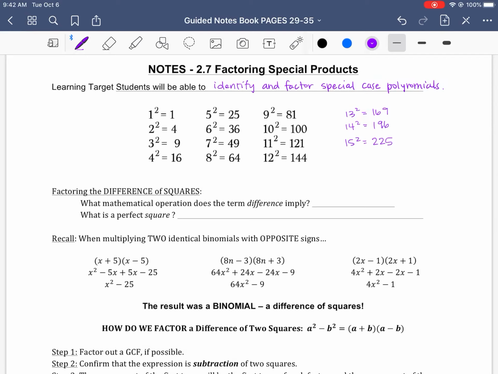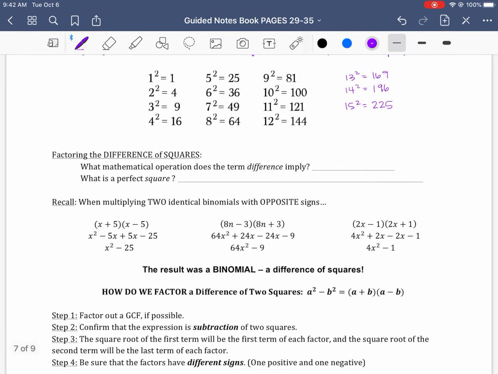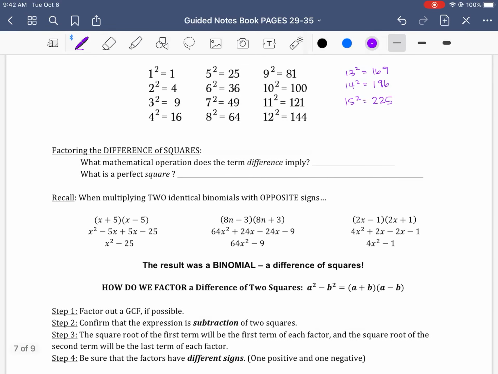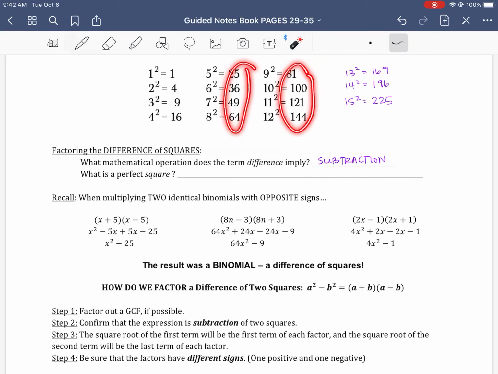So today, first of all, is factoring a difference of squares. What mathematical operation does the term difference imply? Difference, remember, is subtraction. So whenever you're looking for a difference of squares, that means it's two of these perfect square numbers subtracting.